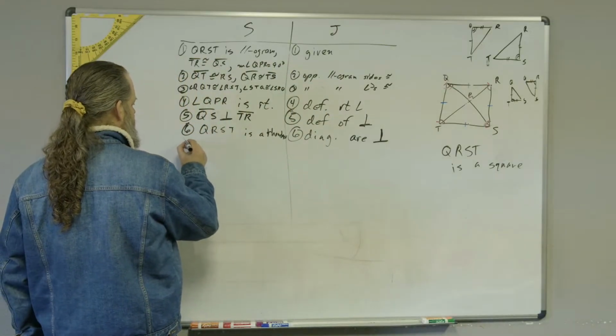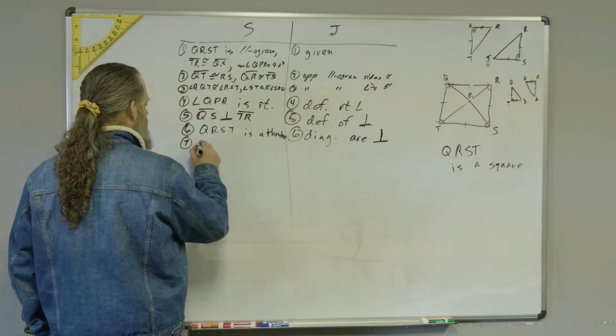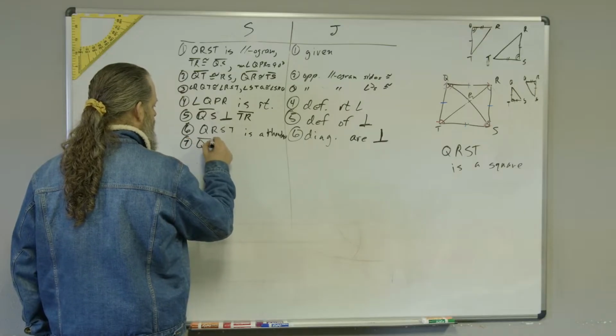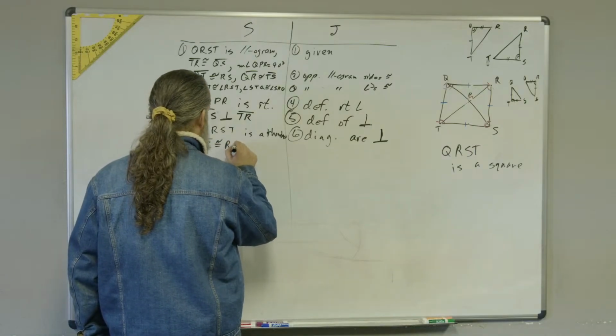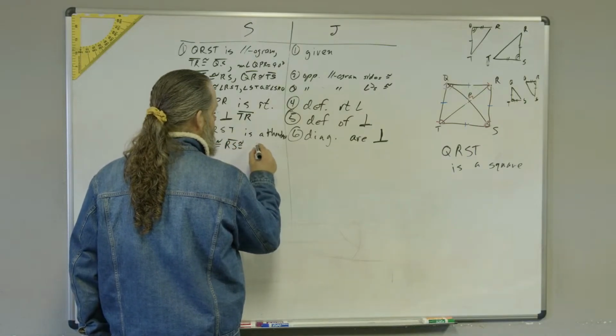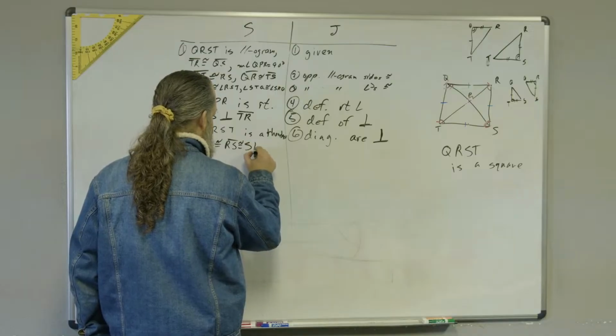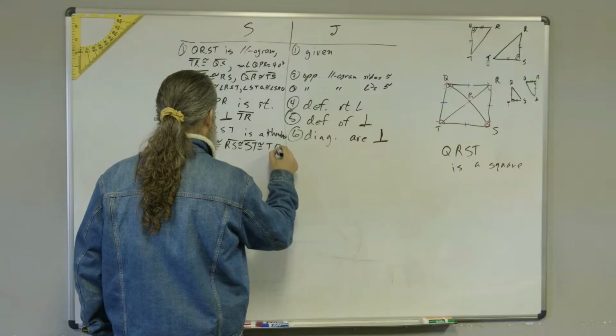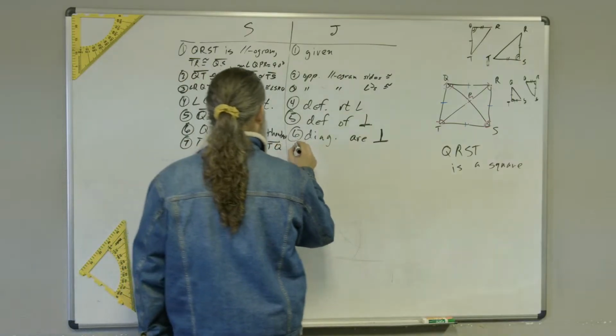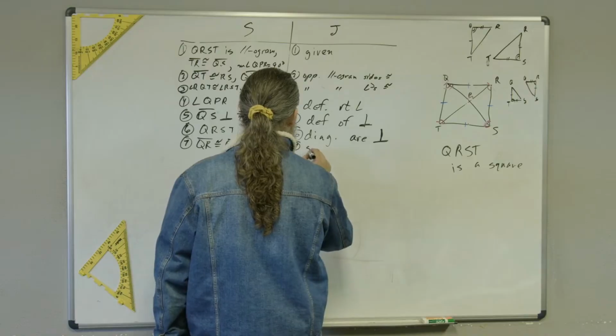So, QR is congruent to RS, is congruent to ST, is congruent to TQ. Because sides of a rhombus are congruent.